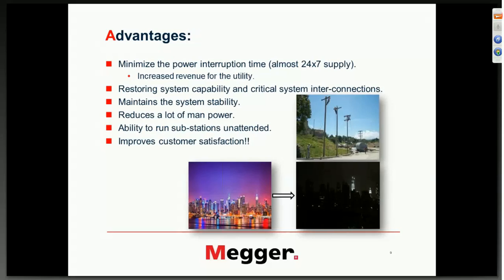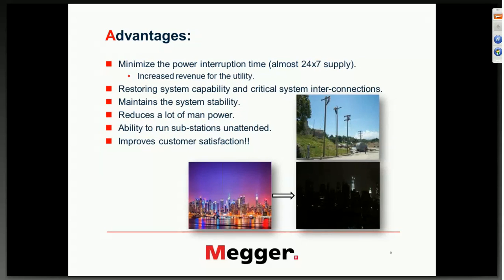One important thing is it reduces a lot of manpower, because imagine there are no auto reclosures, or there is no automatic reclosing mechanism. Even a transient fault, or any fault for that matter, will open your circuit breaker, and there should be a person who goes to that specific circuit breaker and manually closes it.